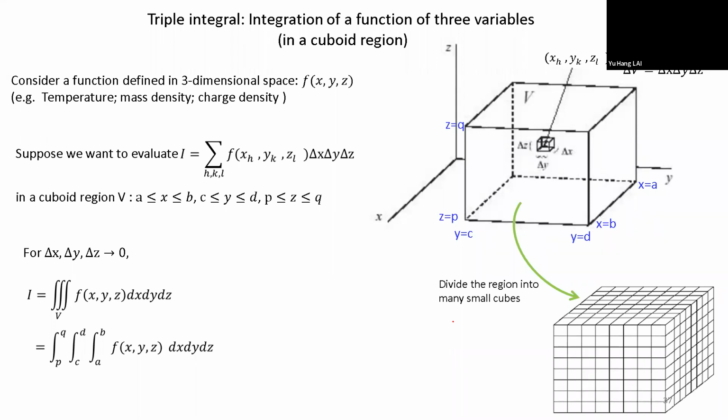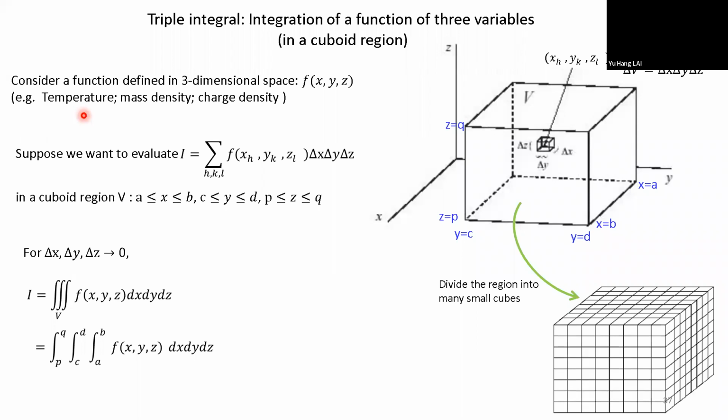But there's a practical example that we could try to give ourselves some intuition. What is the practical example for a function of three variables? Just consider this room. Suppose every part of this room has slightly different temperature.